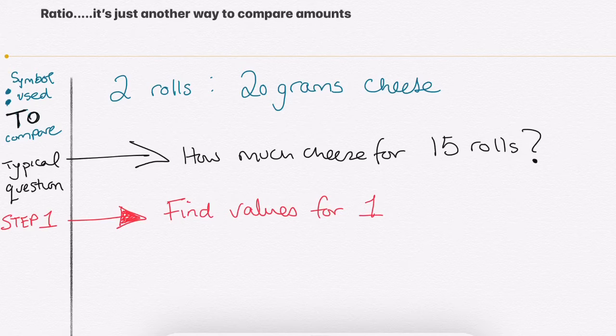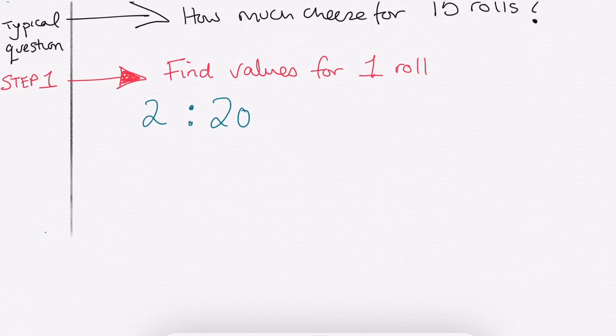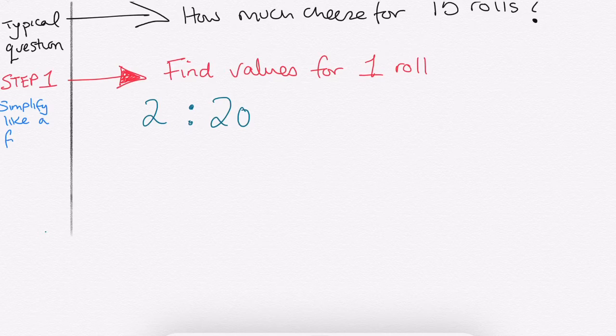So step 1, I'm going to find the values for 1 roll. So writing down now my 2 to 20. And when you're looking at a ratio, it's going to be treated exactly the same way as if I was simplifying a fraction.